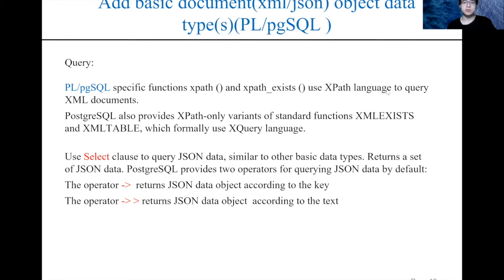And for JSON data, the query could use select clauses to query JSON data. Similarly to other basic types, it returns a set of JSON data. PostgreSQL provides two operators for querying JSON data by default.